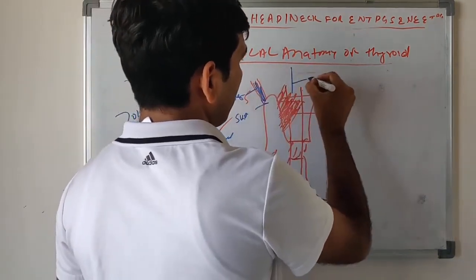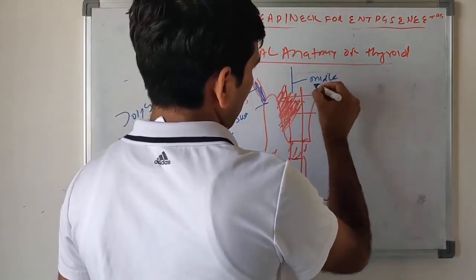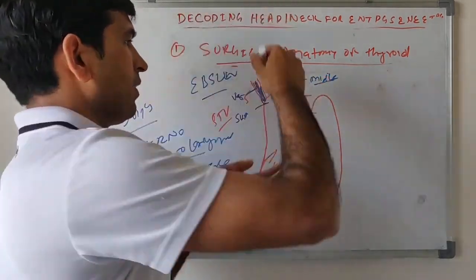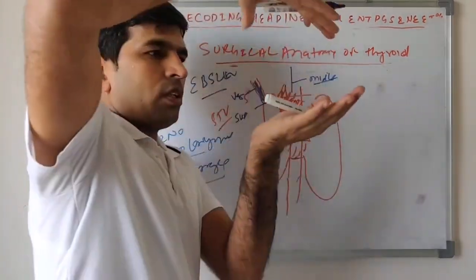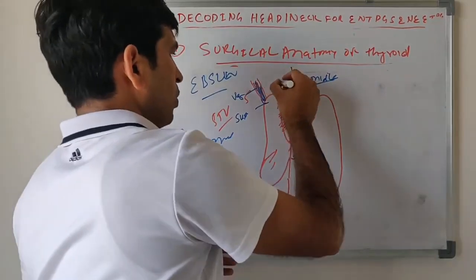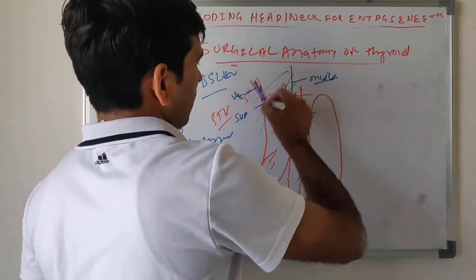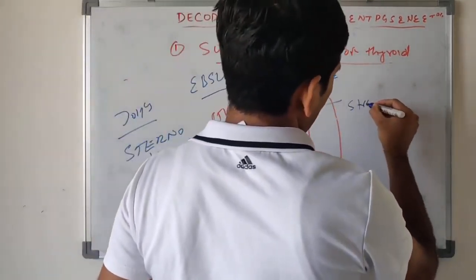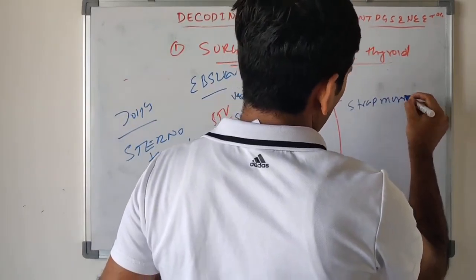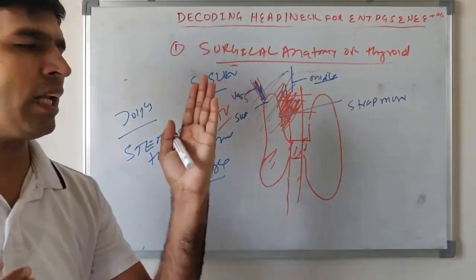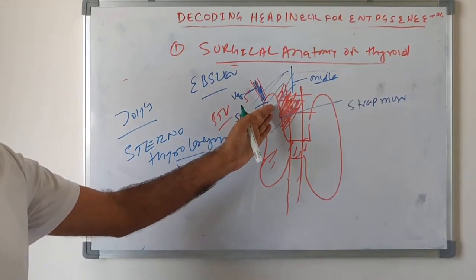Medially is the midline, and superiorly it is covered like this by the strap muscles. So superiorly the strap muscle, medially the midline, and laterally the superior pole and vessels.